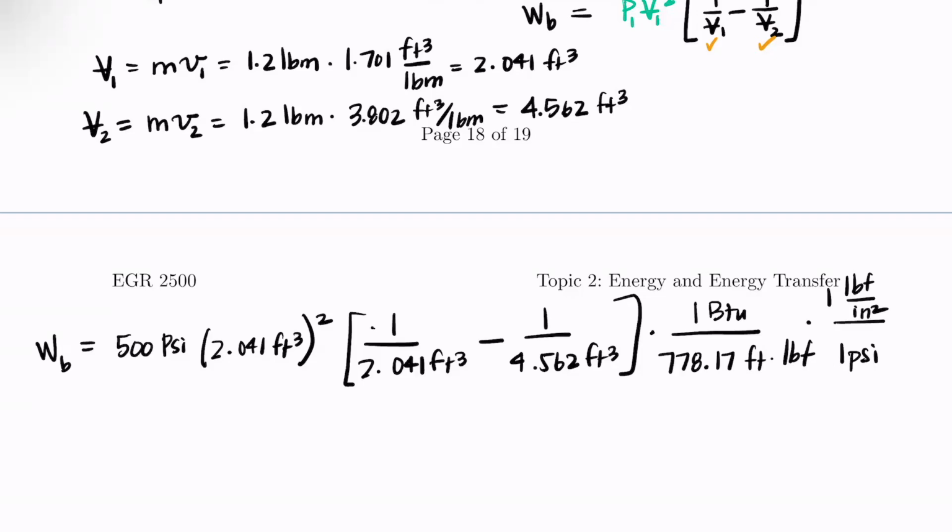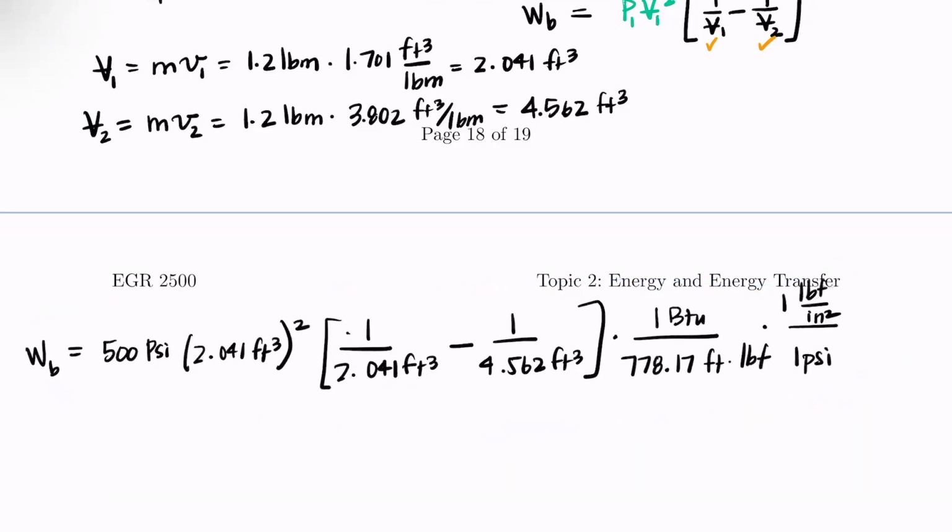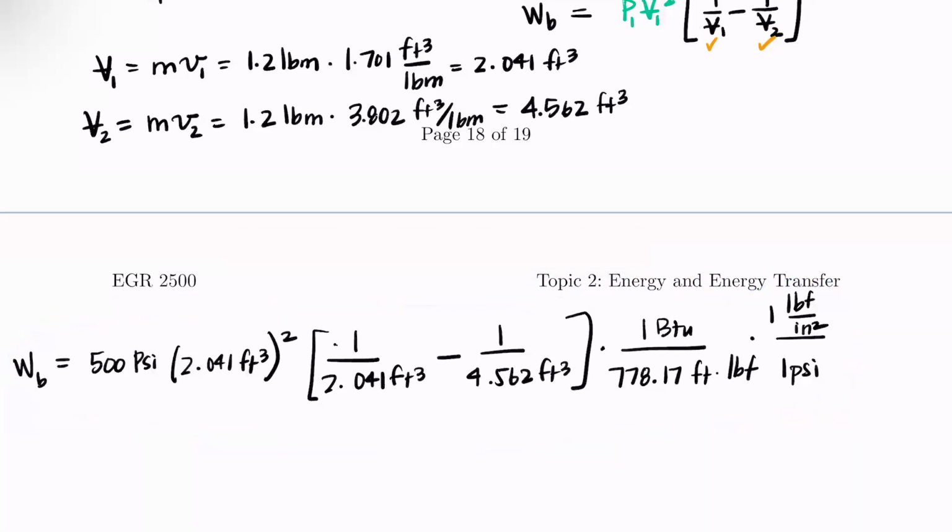And then I have one small little conversion. I'm just going to shrink this a teeny weeny bit. Okay. And then our last conversion is that 12 inches are in a foot squared.